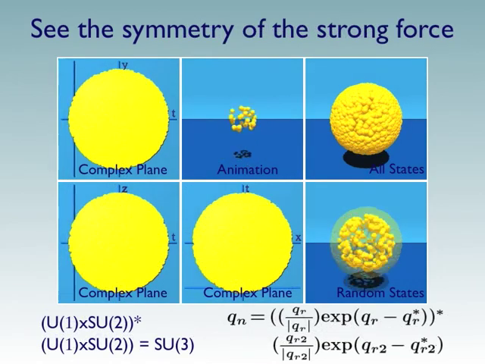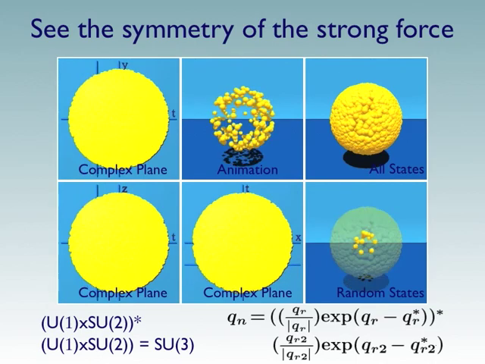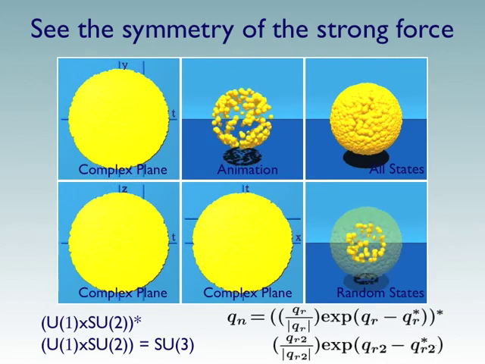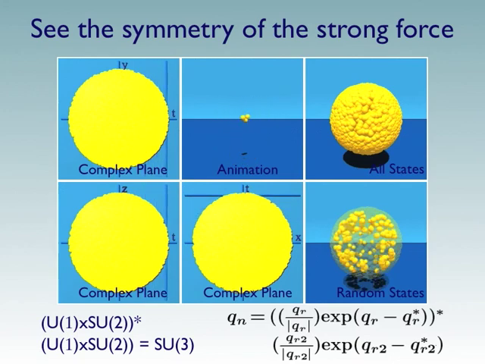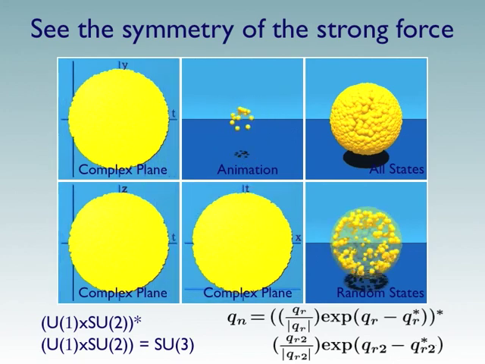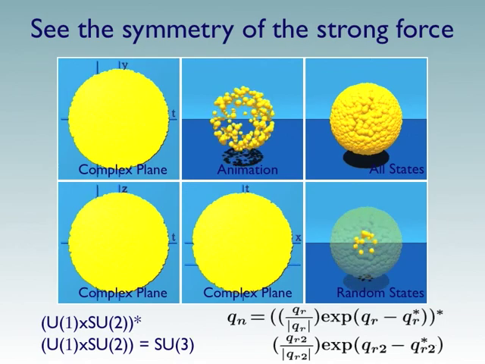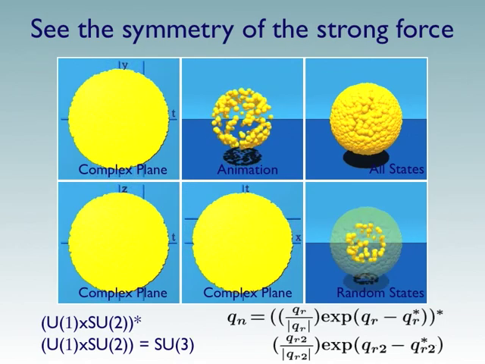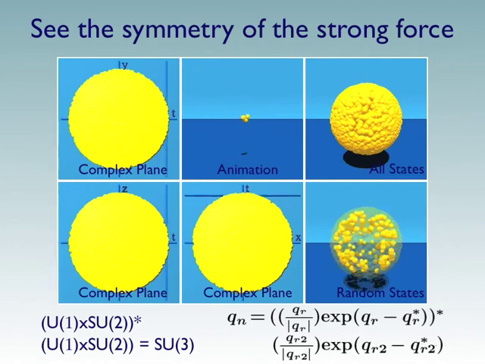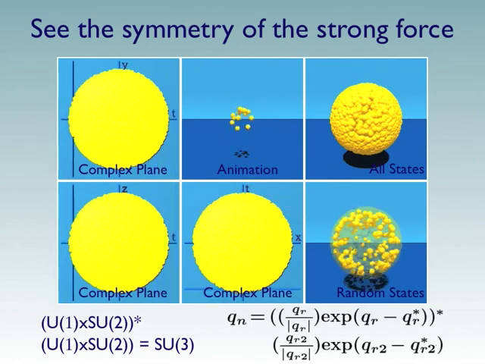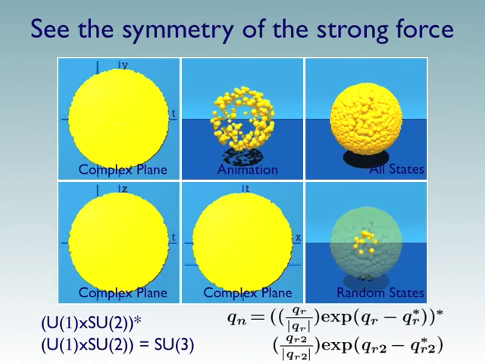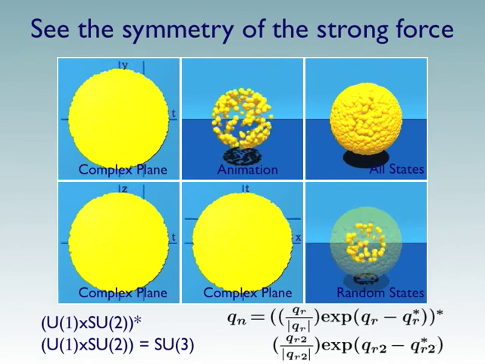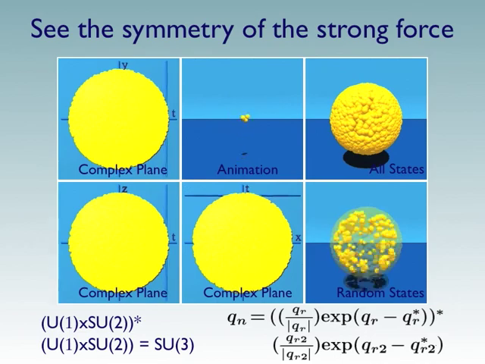Now we can see the symmetry of the strong force, and we've got this nice uniform sphere. Algebraically, it's basically one of these U1 cross SU2 quaternions, conjugated and multiplied by another one. And this is not the standard model, which is U1 cross SU2 cross SU3.